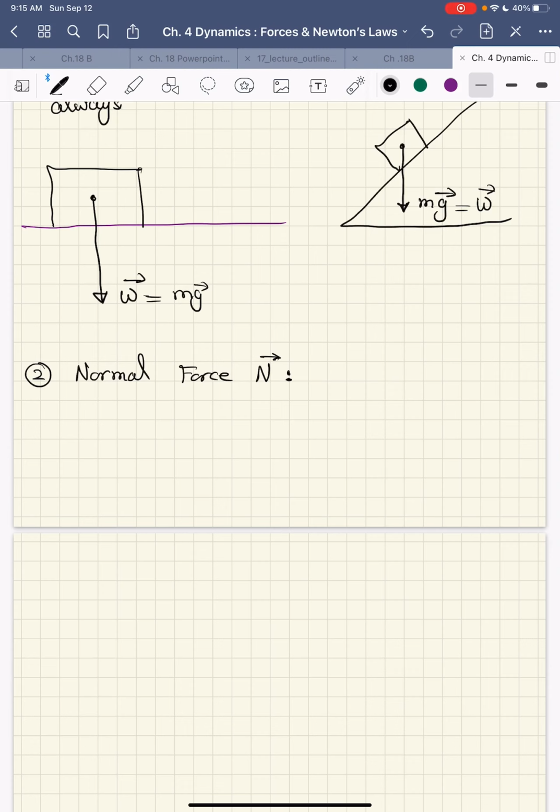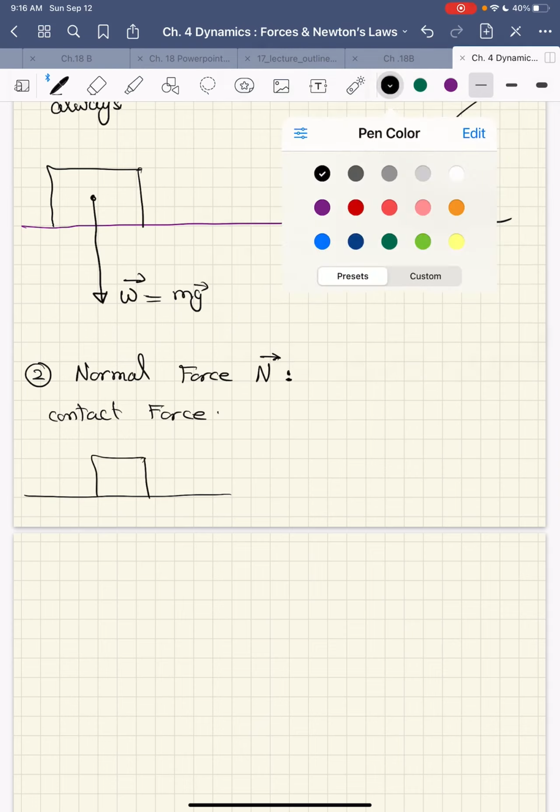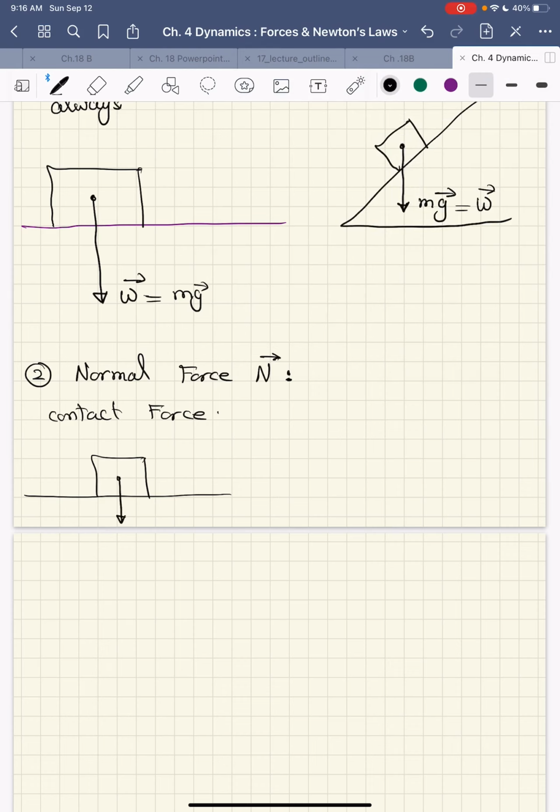The normal force is called a contact force between two objects. For example, you have a table here and you have your textbook on it. Then there is the weight downward, and there is a force that we call the normal. Normal means perpendicular, and this is normal to the surface.